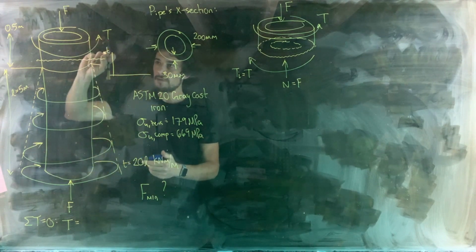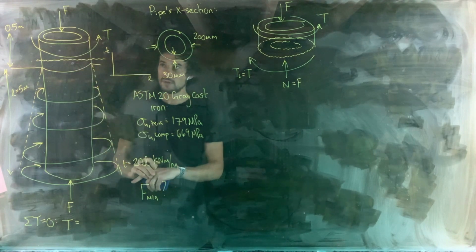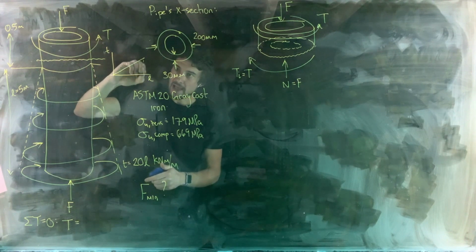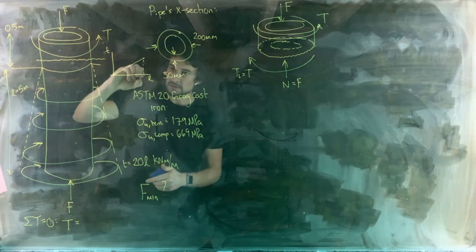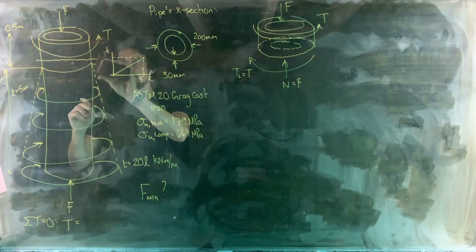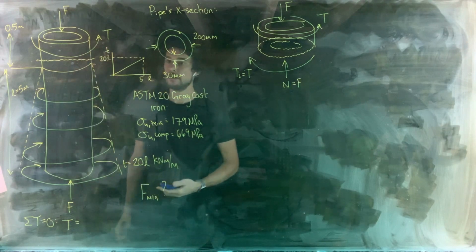If you plot the value of the distributed torque little t versus length here, then you've got a linear line where at an L of 5 meters, the value of the distributed torque reaches 20 multiplied by L.